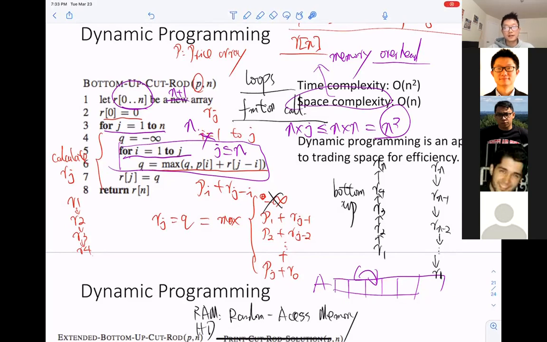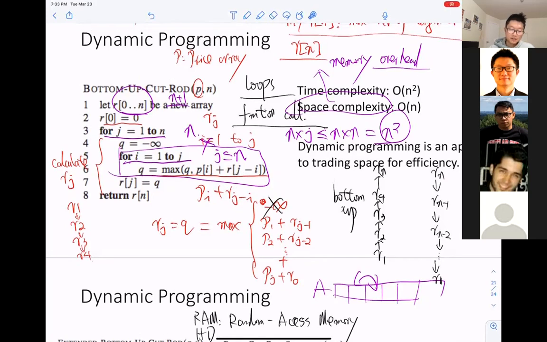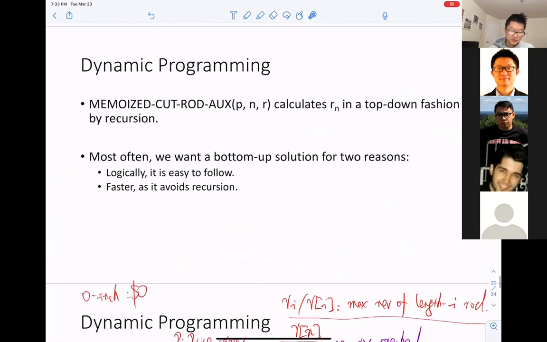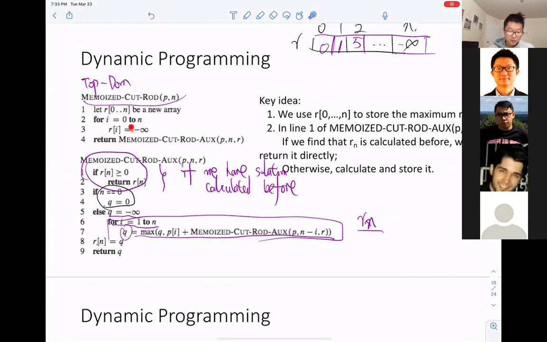Either of them can help. Is there a situation where one is the better implementation? Actually, bottom up is better because if you look at top down, the auxiliary function keeps calling itself. So this is a recursive function.